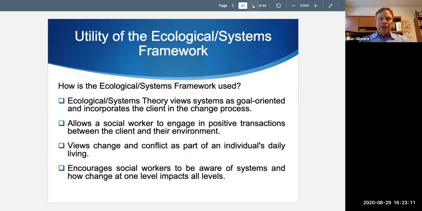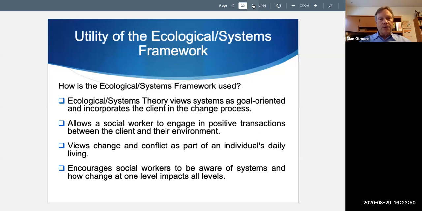So getting back to the ecological and systems framework, we want to really drill down about how it is used. So we talked about theory, and that theory views systems as goal-oriented and incorporates the client in the change process. So we've talked a little bit before about the fact that you are setting and achieving goals in terms of a change process that a client has identified that they're interested in working through, and you're working in partnership with the client to be able to move towards achieving those particular goals.